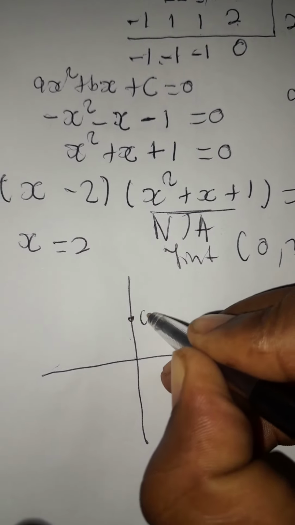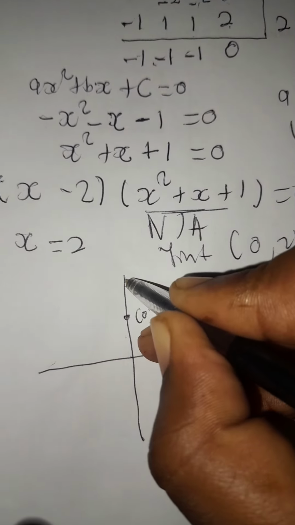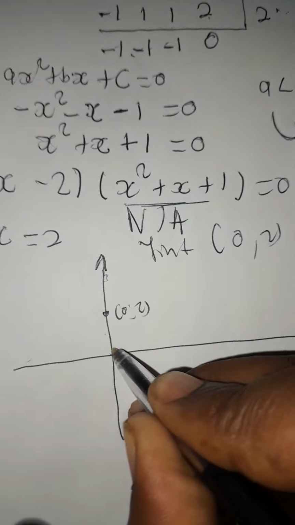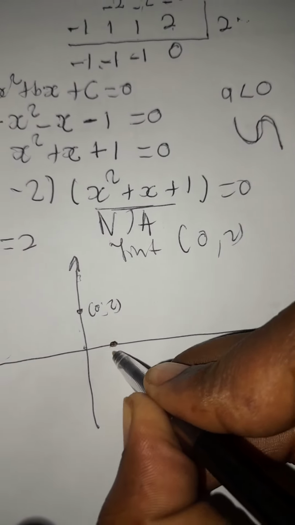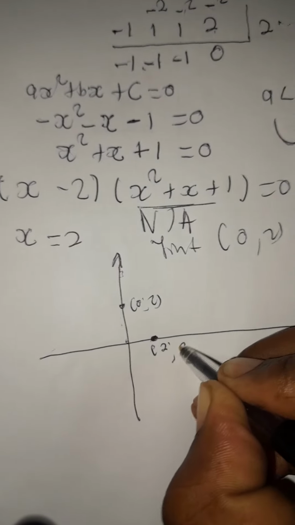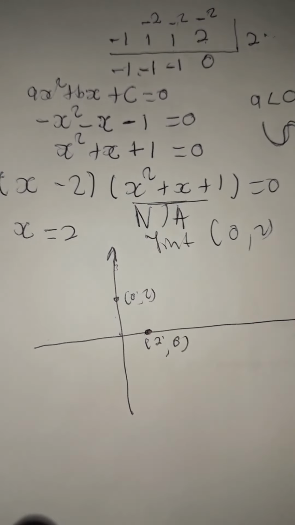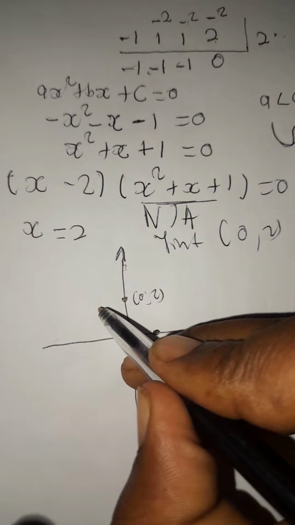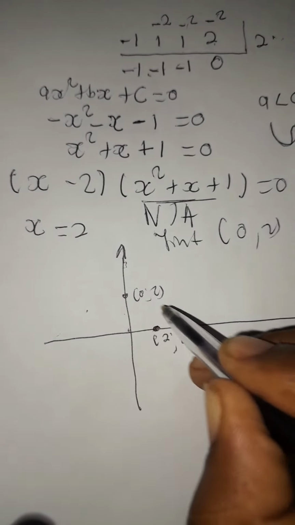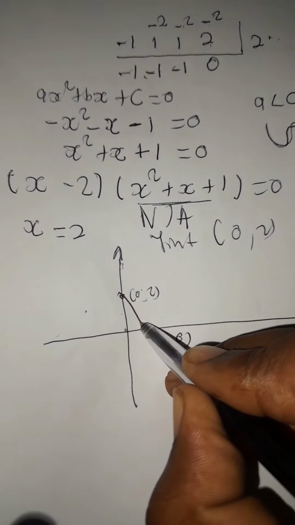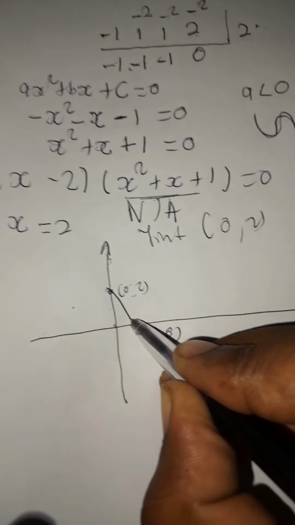So it's going to be 0 and 2. And we have 0, 1, 2. It's going to be 2 and 0. So what are we having here? In other words, let's join this.